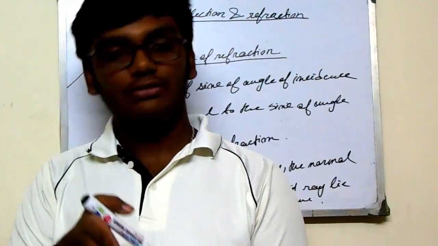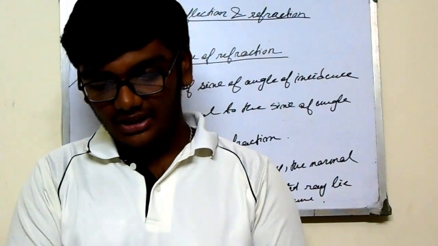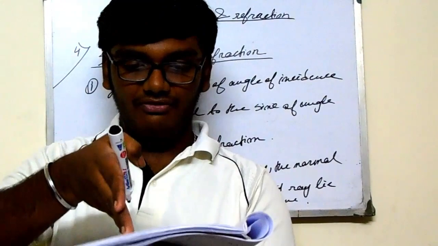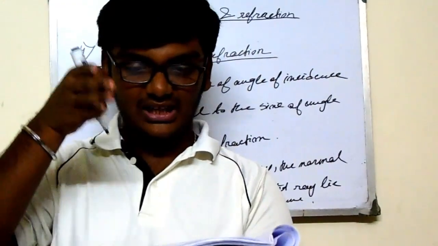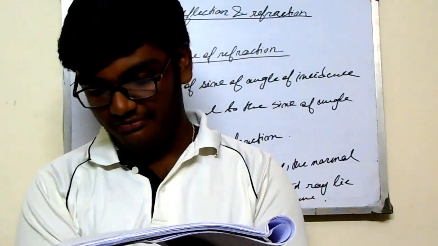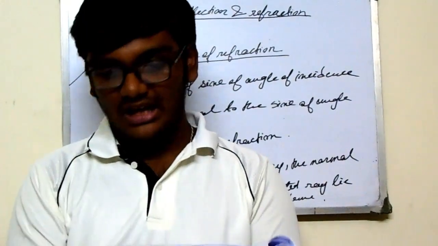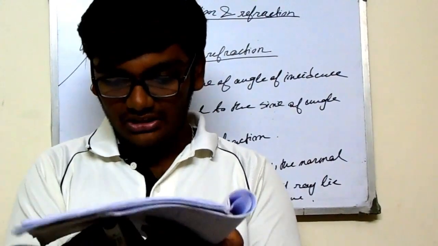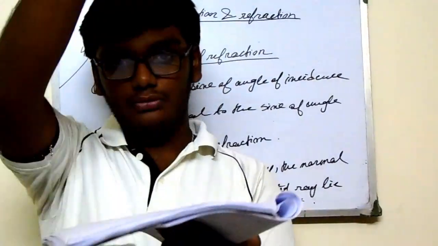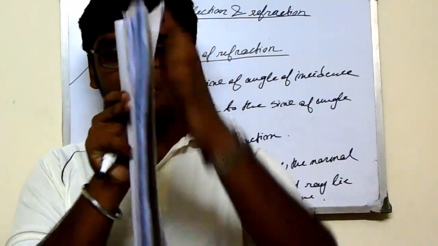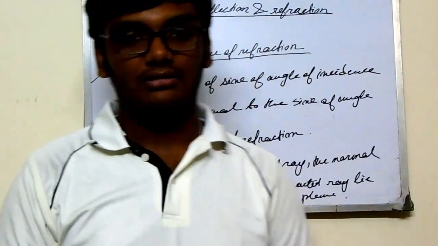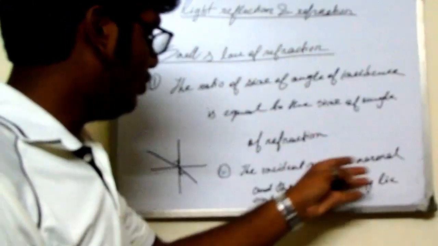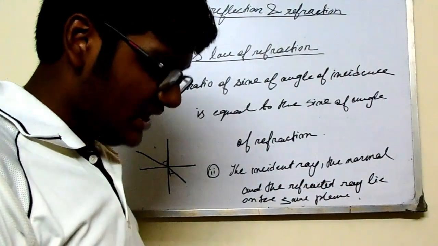After entering the water, the refracted ray will not bend this way or this way, it will bend in this way. So this one is the plane. Here it is only stated that the incident ray, the normal and the refracted ray lie on the same plane.